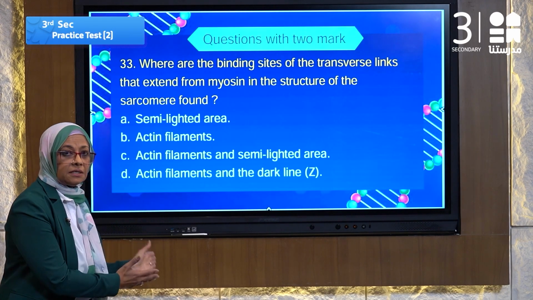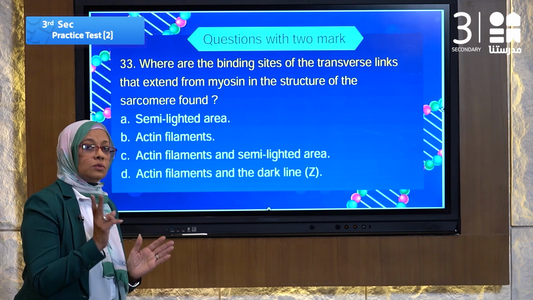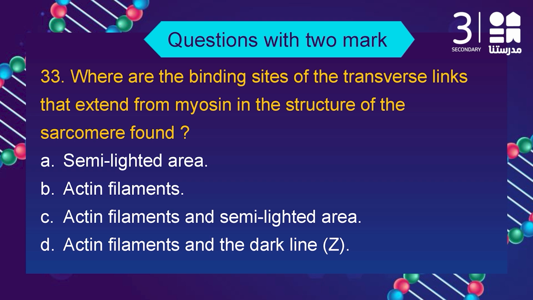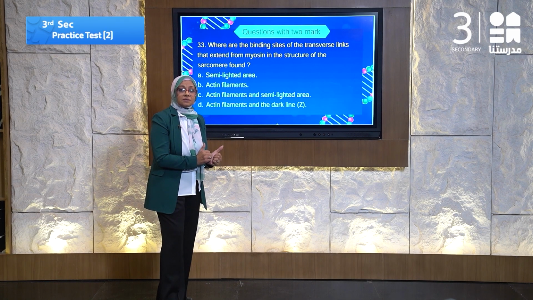33, from here, there are questions with 2 marks. We must study well. Where are the binding sites of the transfer lengths that extended from myosin in the structure of the sarcomere found? Here we go to the muscles.